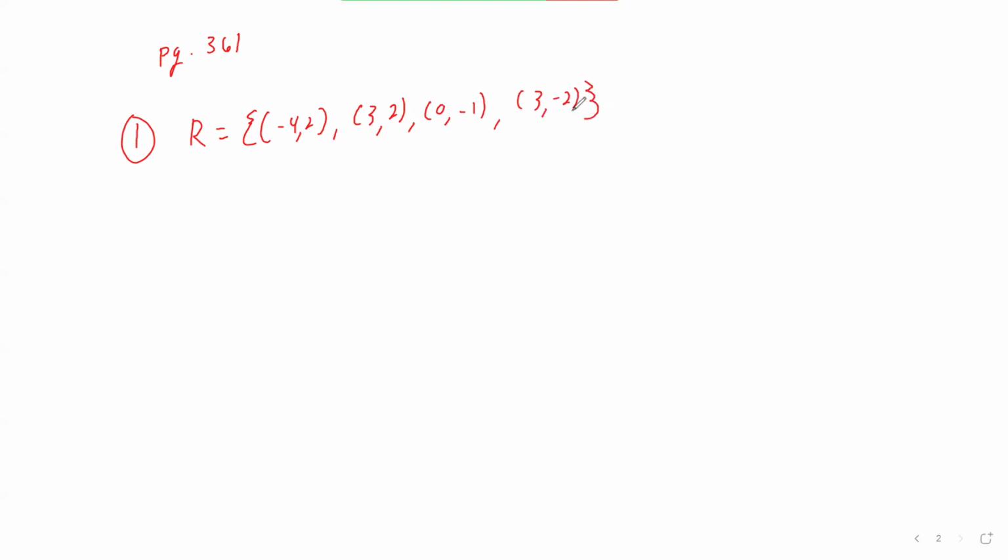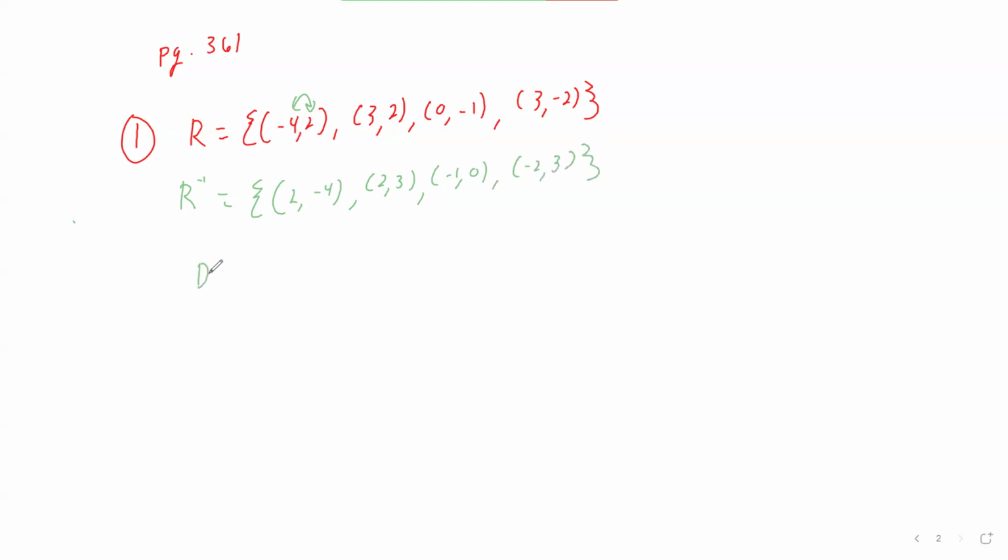And it says graph the inverse of each of the following relations and state its domain and range. So the easiest thing to do here to find the inverse is just flip the x and the y. So the new coordinates now would be (2, -4), (2, 3), (-1, 0), and (-2, 3).